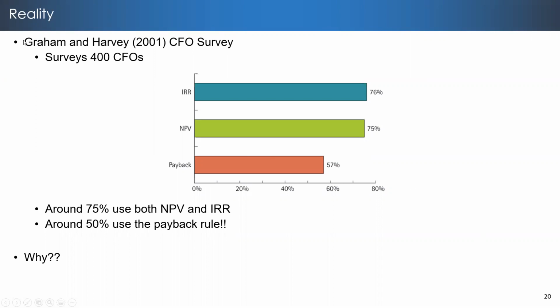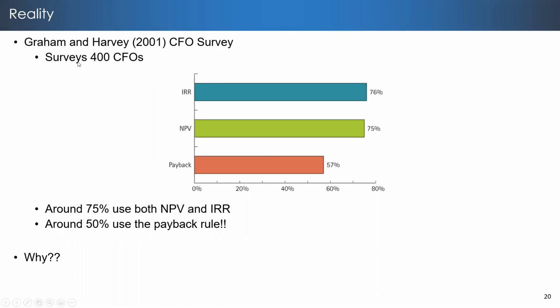I apologize that this is the most updated evidence that I can find. I think there are other surveys or research that will have more updated evidence on what CFOs do, but this is very hard to do. They're very busy people, and a lot of times they probably don't want to review how they value different projects.